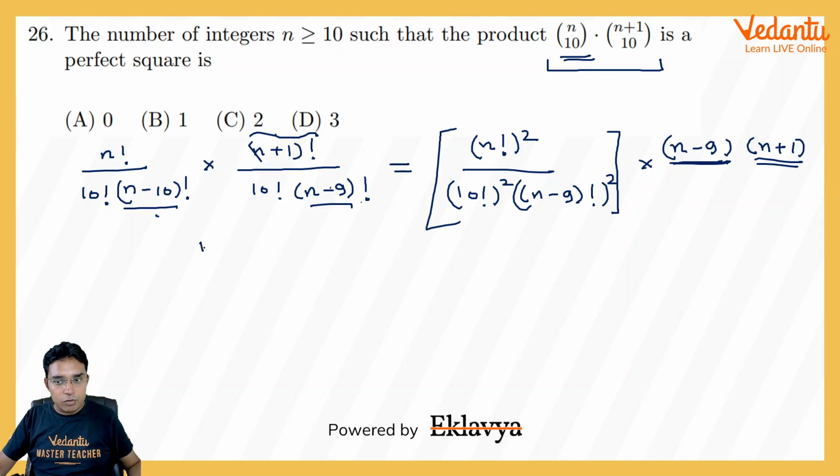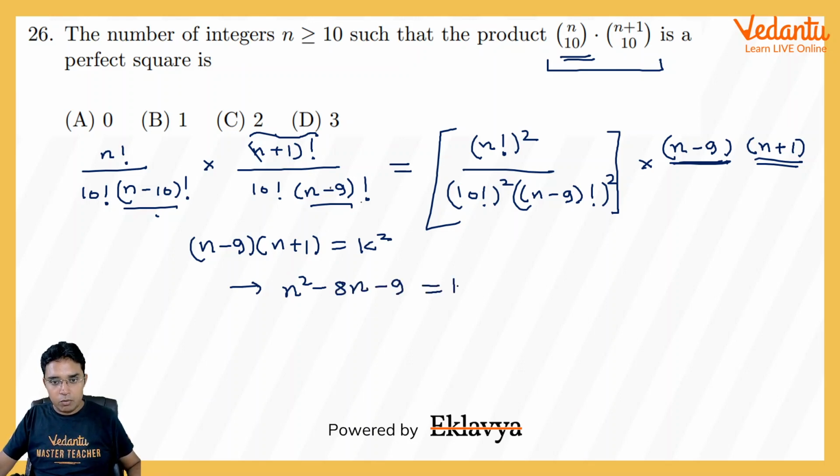So we just have to make sure that n minus 9 into n plus 1 is some k square, and for that we multiply it. We get n square minus 8n minus 9 is equal to k square. If we make this a perfect square, it will be n minus 4 whole square plus 16 minus 9... I think it will be minus 25 here, is equal to k square.